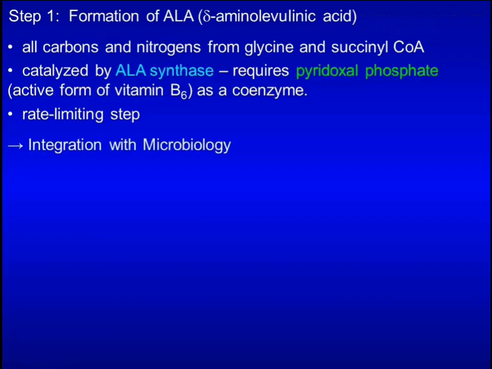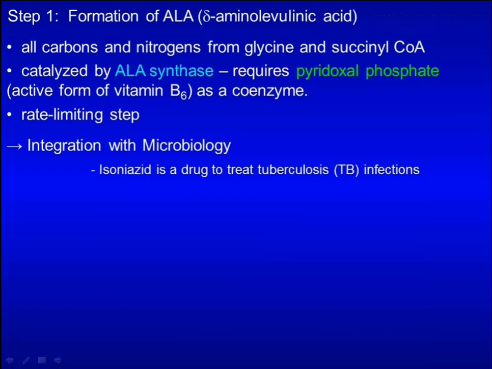Here is integration with microbiology. Isoniazid is a drug to treat tuberculosis infection. Because isoniazid interferes with pyridoxal phosphate, patients treated with isoniazid should receive vitamin B6 as a supplement.